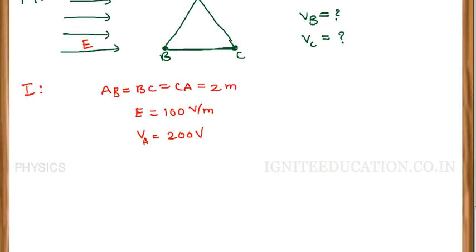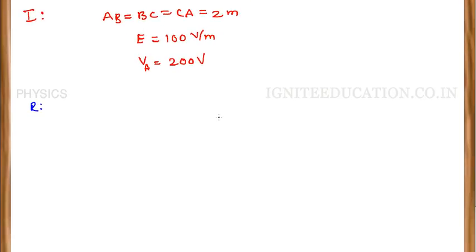Now I am going to resolve the problem. So while resolving, I am redrawing the picture. First of all, I am redrawing the equilateral triangle. So equilateral triangle has some properties. If I draw a median from A on BC, it touches at the midpoint of BC. Assume that P is the midpoint, so it touches at the midpoint of the side BC, and it will create a right angle triangle at that point also.